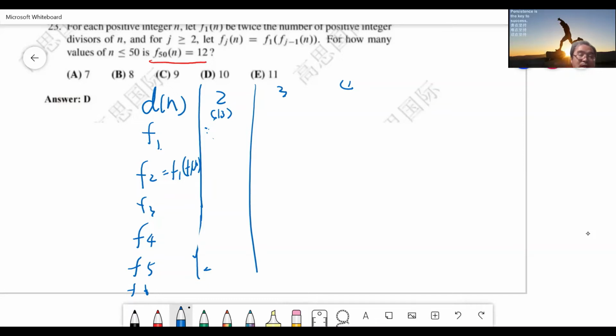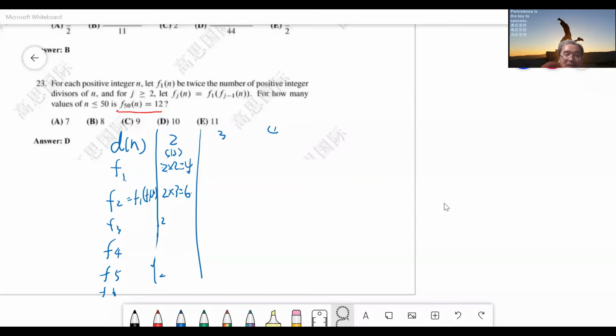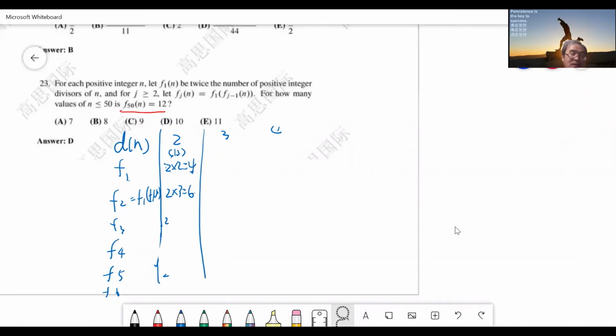So f1 is 2 times 2, which equals 4. Then f2: 4 has 3 factors, so 2 times 3 equals 6. 6 has 4 divisors, then 2 times 4 gives you 8.